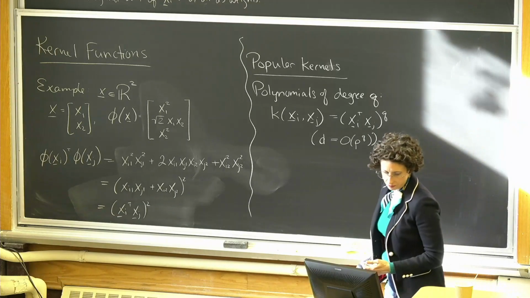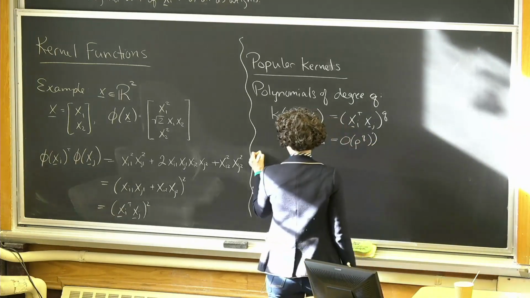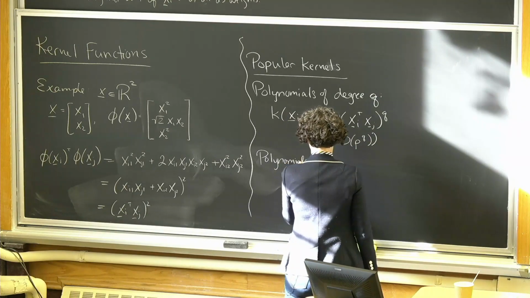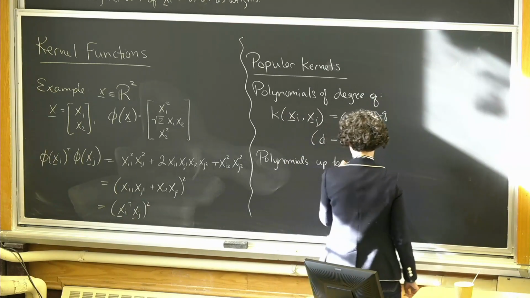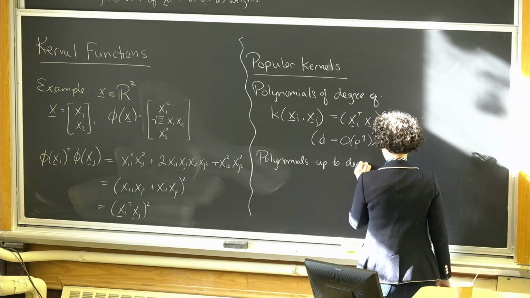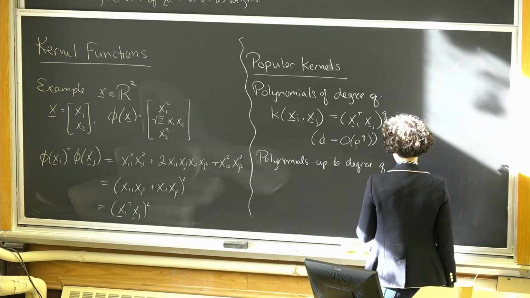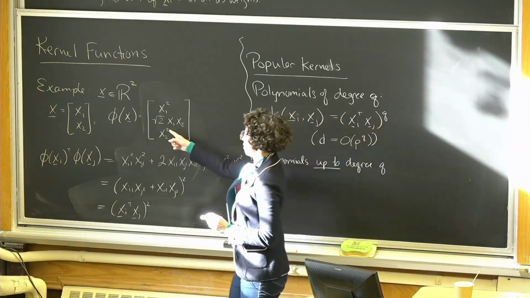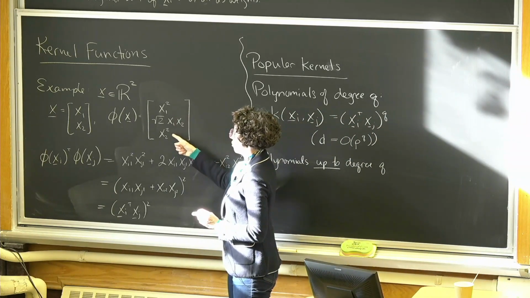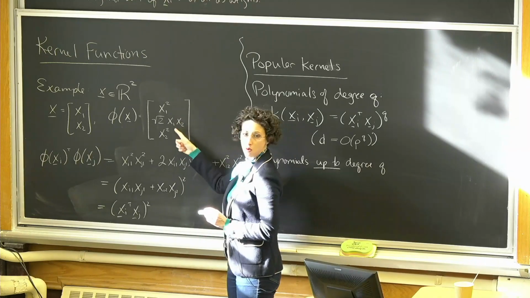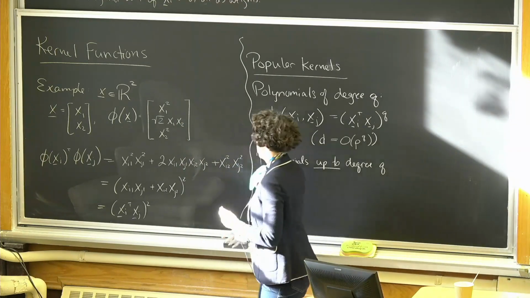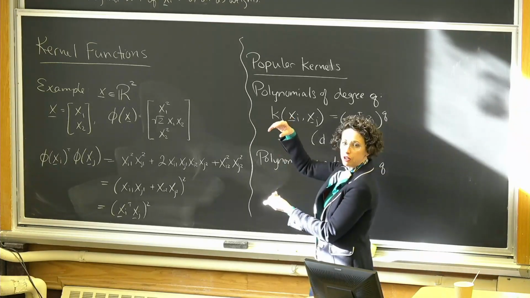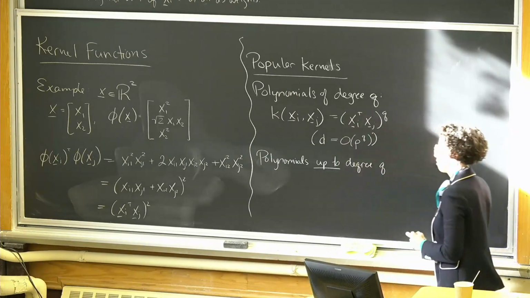Another thing that we see is polynomials up to degree q. If we think about what we did over here, every expression in this vector was exactly quadratic, right? But you could imagine saying, I want all the quadratic monomials, but I also want the linear ones, and I also want the 0th order.